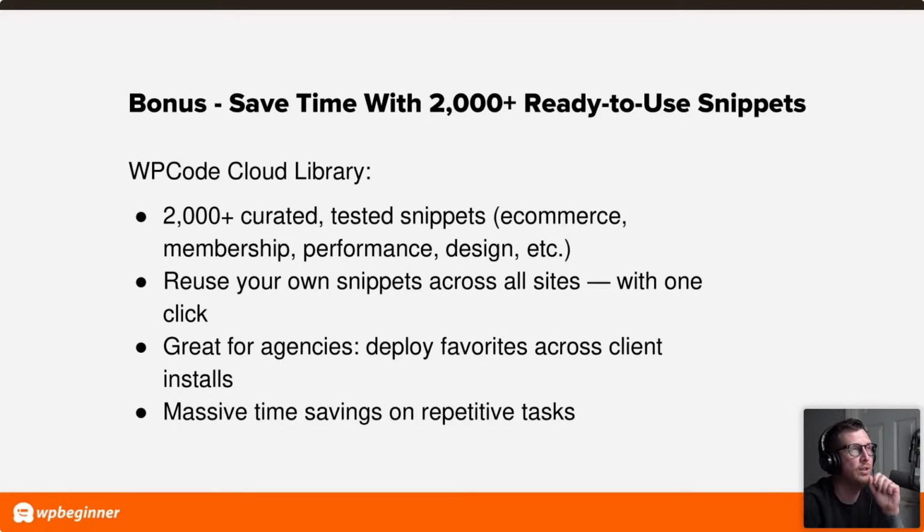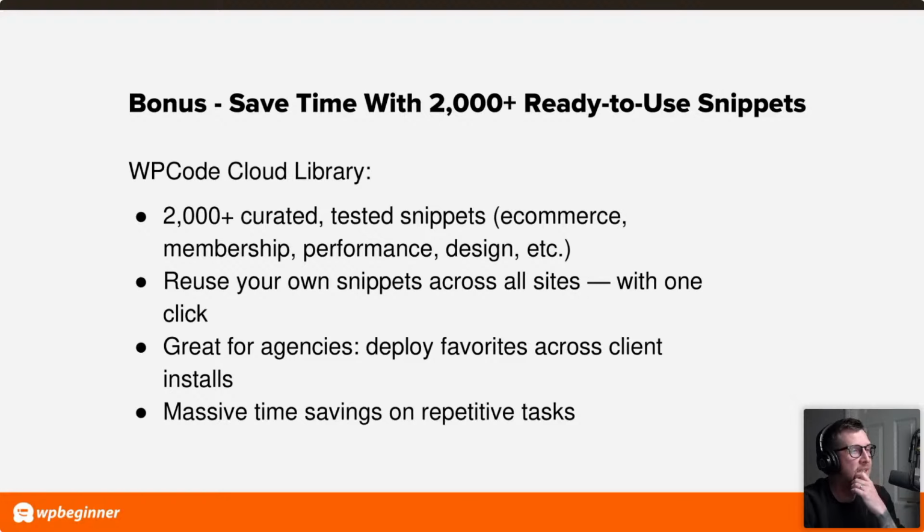So you can go through that and have a look at the library. Just copy the link, sorry. So that's the link to the WP Code snippet library. That's the 2,000 plus WordPress code snippets there for you to have a look at.